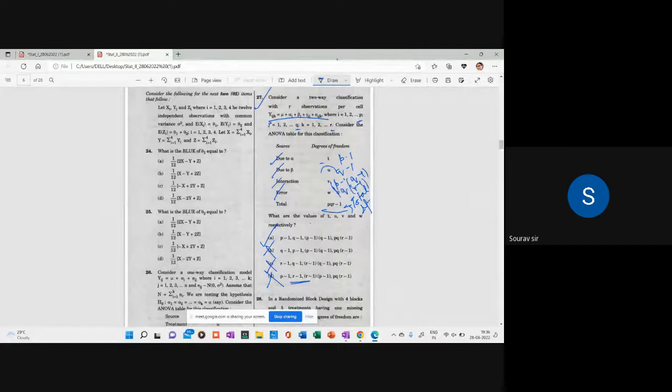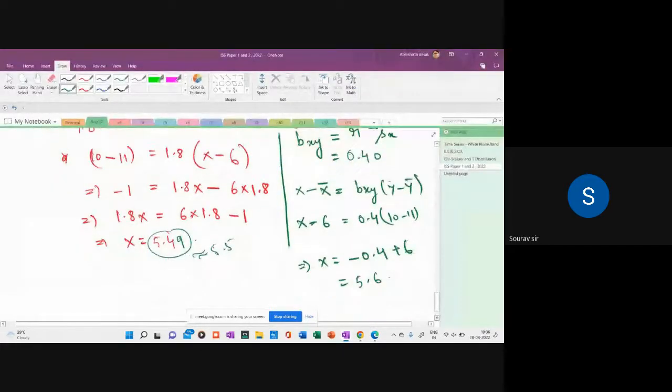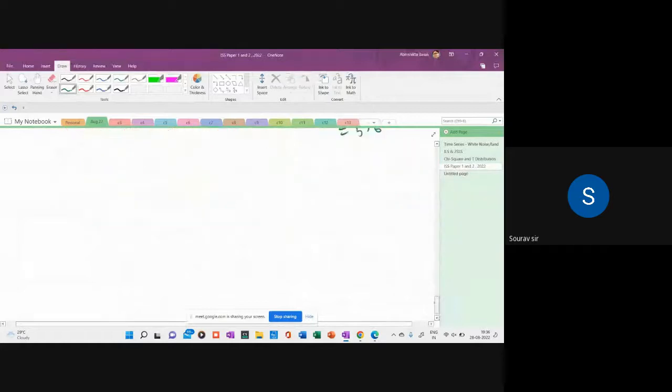So let me write this in a particular table. Since the pen tab is not working properly, so it's two-way ANOVA with R observation per cell.